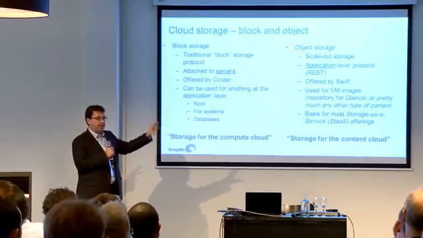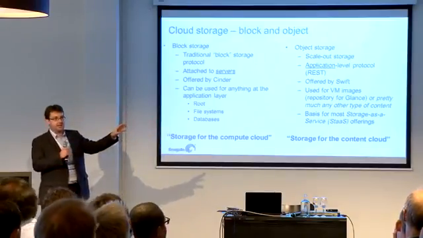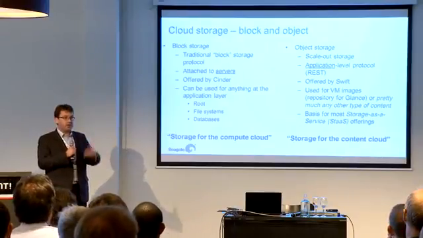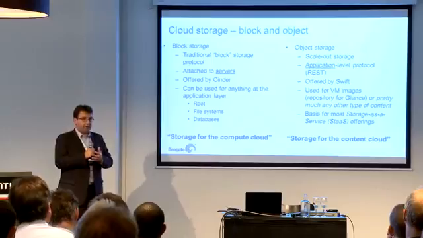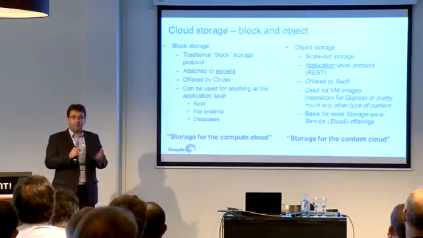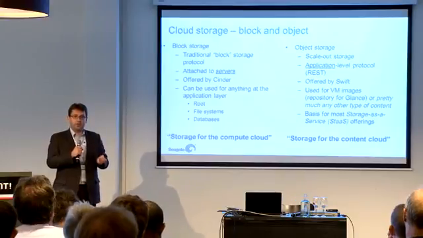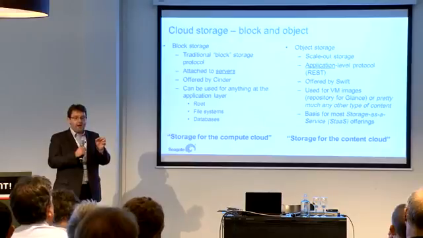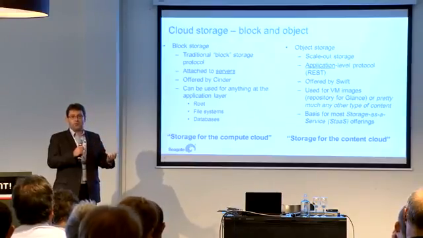Object storage is different. Object storage in this OpenStack case is offered natively by the Swift service. And Swift provides a very scale-out platform for storing content. It doesn't provide block storage natively. You can do that, but natively, it provides what's called a RESTful API.